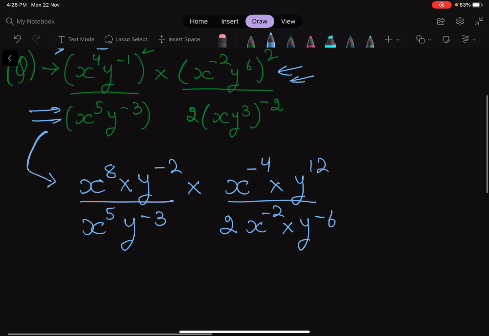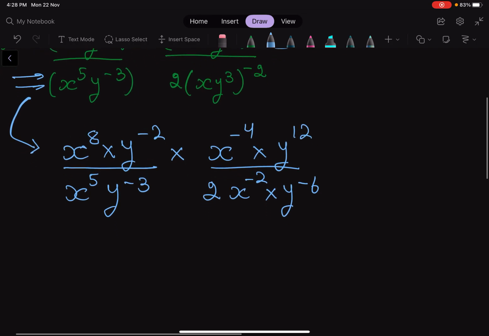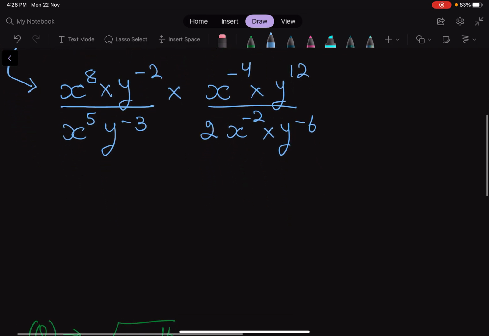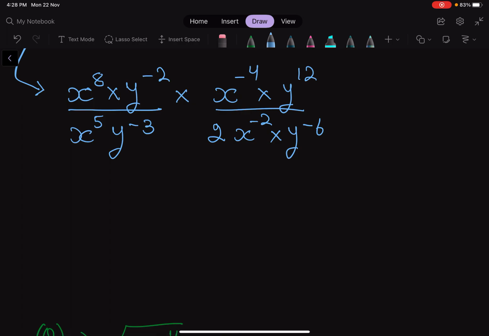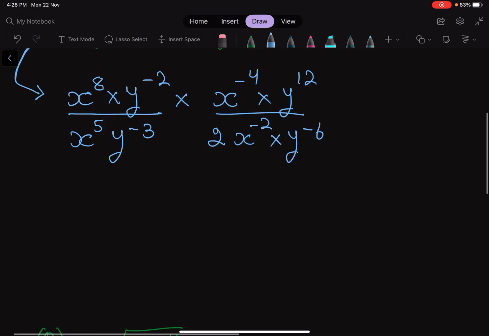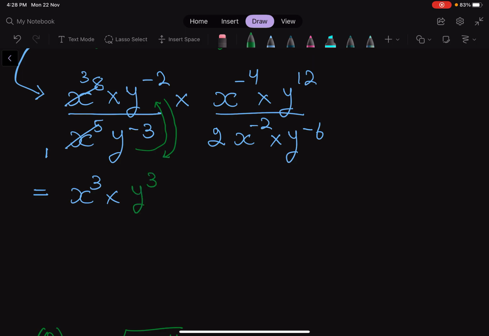Now, what you need to do is eliminate these minus signs so that you don't have any confusion. Let's simplify it. So 8 minus 5 is 3, x power 3 remains. This y power minus 3 goes to the numerator and this comes to the denominator, so it's y power 3 divided by y power 2.